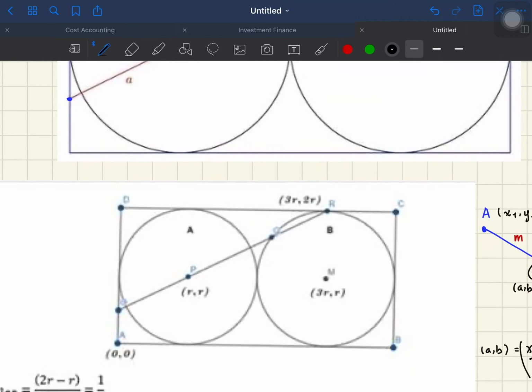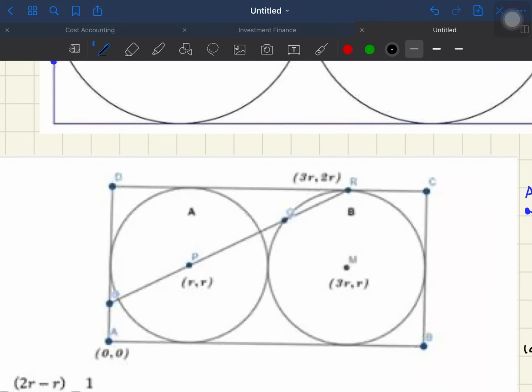We have the origin, which is here, A, and then the second one, which is P, you will get r comma r, and then M will be 3r comma r, and then the one on the top here, you will have 3r comma 2r.